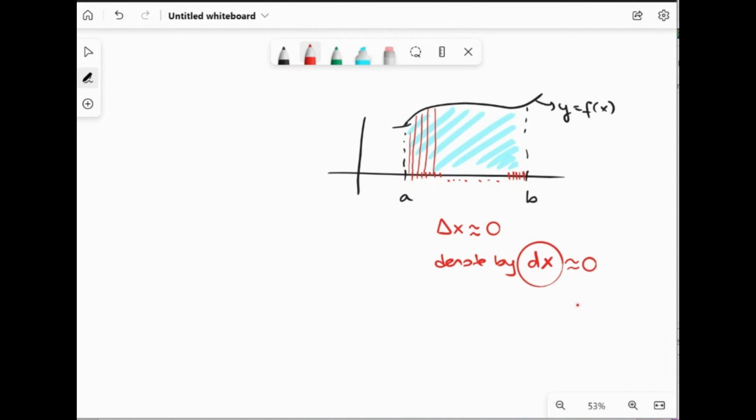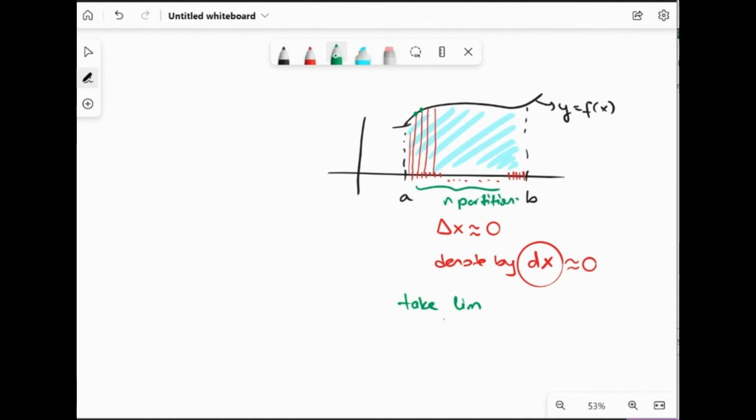Because if you have infinitely many subintervals, whether you use the left endpoint or the right endpoint to determine the height of the rectangle, you take the limit as the number of partitions goes to infinity. Here there are n partitions.